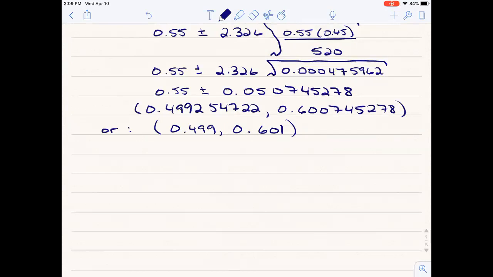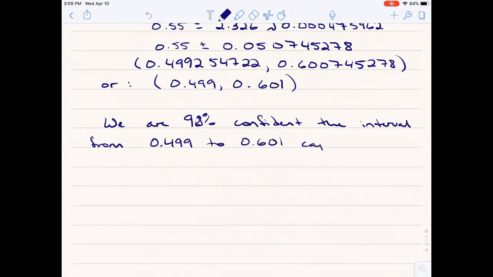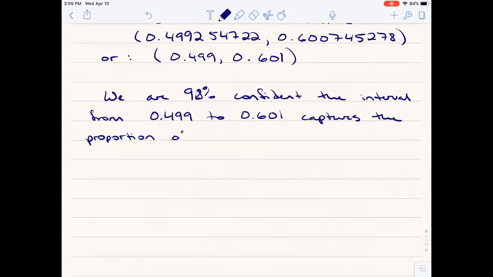And so now we are 98% confident the interval from 0.499 to 0.601 captures the proportion of all judges who are introverts.